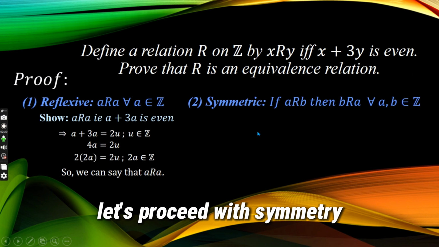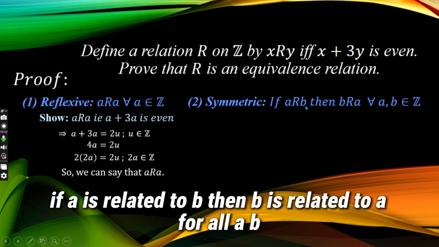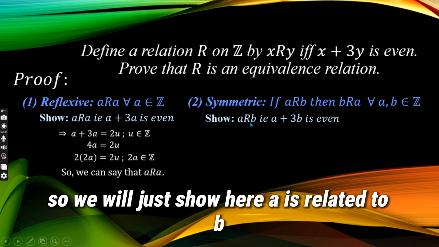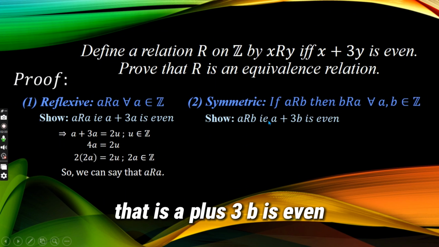Let's proceed with symmetric. If a is related to b, then b is related to a for all a, b, an element of Z. So we will just show here a is related to b, that is a plus 3b is even.